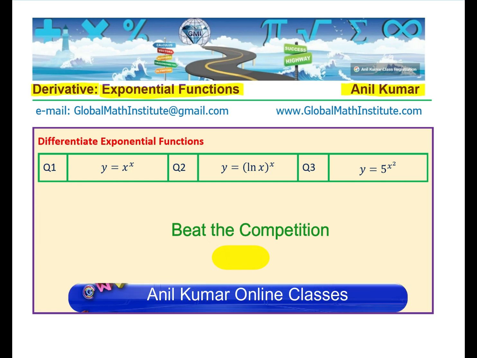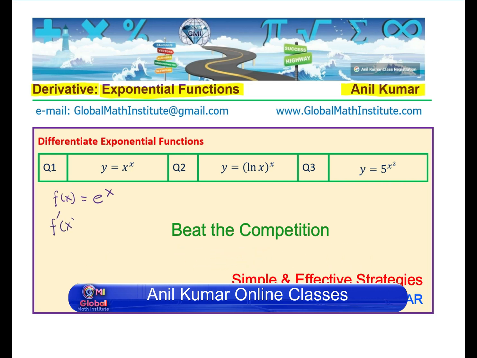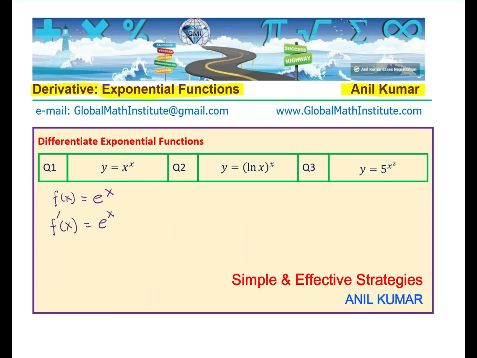If we are given a function f of x equals e to the power of x, in this case, the derivative will be the same function, e to the power of x.